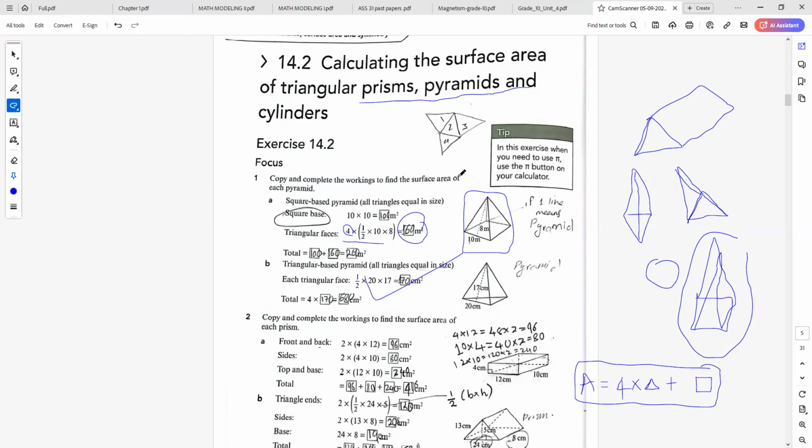Since this has four identical triangles, here they have mentioned each triangular face area, that is half into 20 into 17, which will give you 170. There is 1 base and 3 surrounding, so altogether we have 4 triangles. Then 4 into 170 will give you this answer.